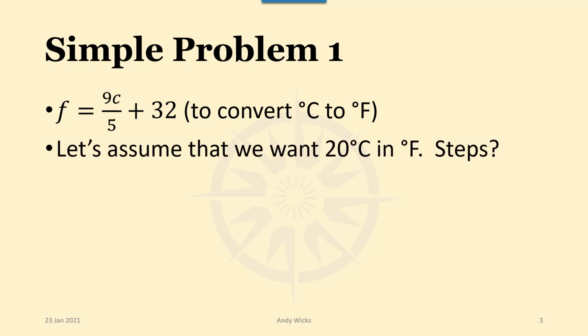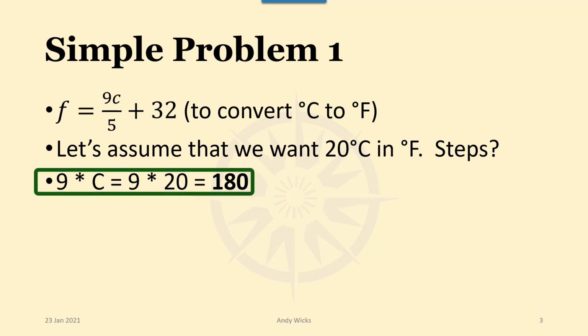What we do is we do it a step at a time. You make an assumption, so let's say 20 degrees centigrade in Fahrenheit, and then you work out by hand what you'd expect that to give, and then you work through slowly one step at a time. Let me show you. The first bit you do is 9 times c.